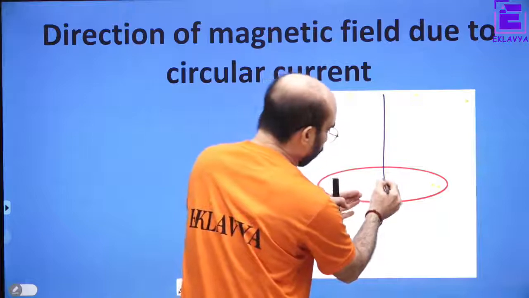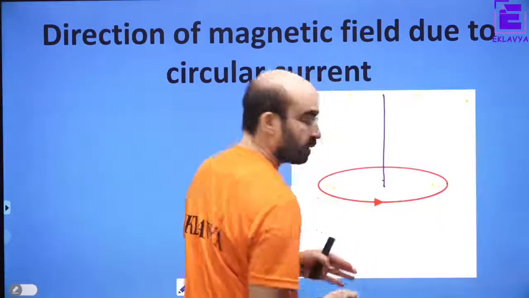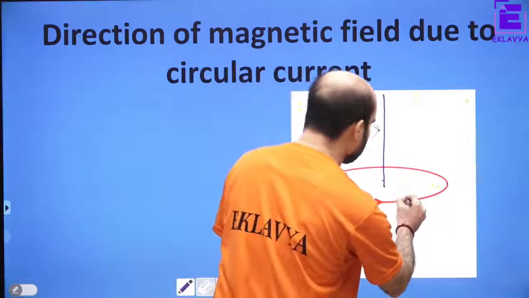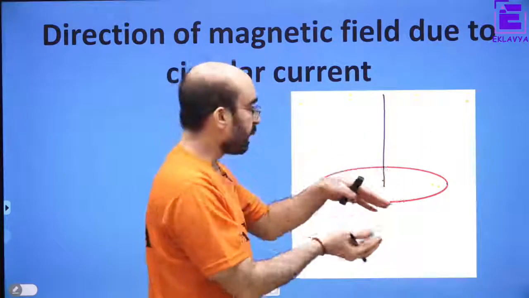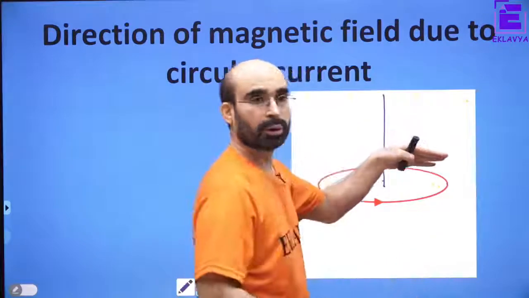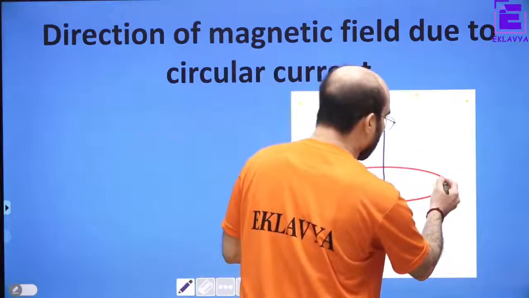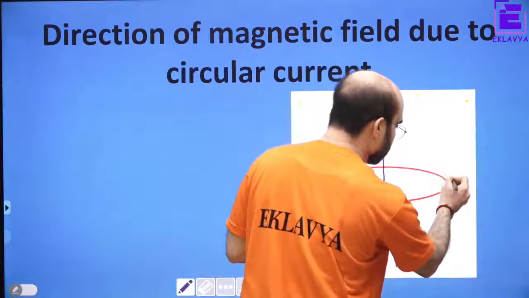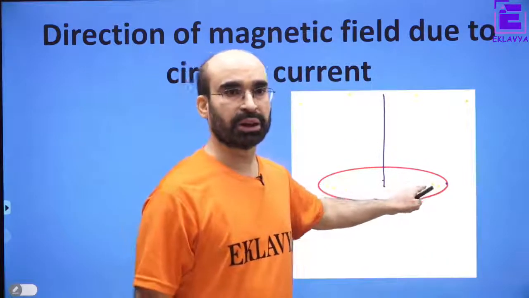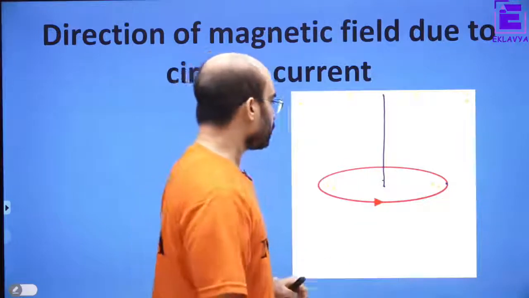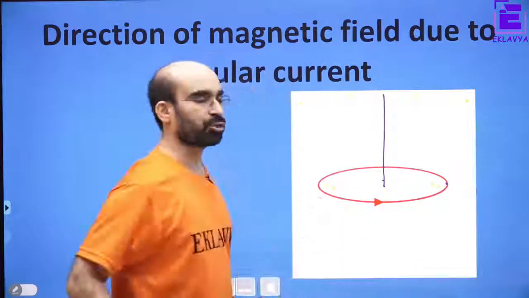As you move from the center towards the end of this, what do you see? That these lines, magnetic field lines, are getting curved, right? Here you see that these are the loops of magnetic field lines, right? Okay, so this is the direction of magnetic field.